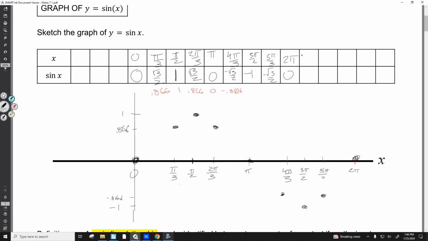You got to do this in your lesson today. 4 pi over 2 plus pi over 2 is 5 pi over 2. What is the sine of 5 pi over 2? Let's do another pi over 2. 6 pi over 2. What is the sine of 6 pi over 2? What's the sine of 3 pi?